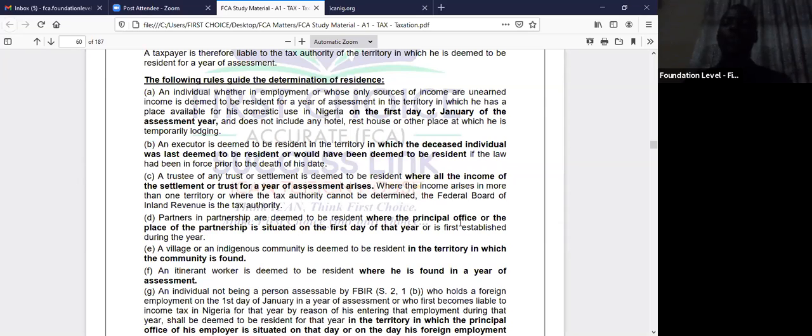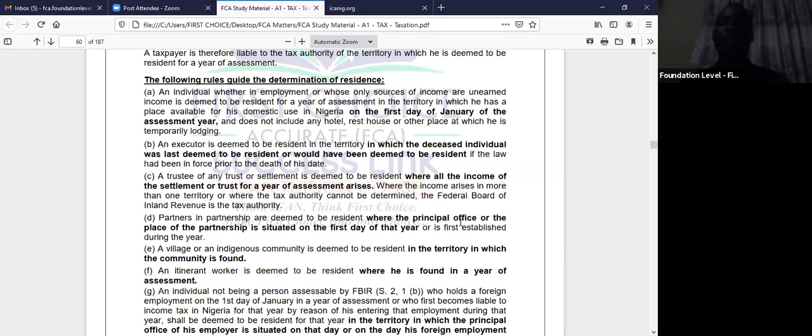Okay, now that is where the income is coming from. But the individual who dies is seen to be resident in Lagos. And so the executor of his will be deemed to be resident in Lagos, as long as he is enforcing his will.